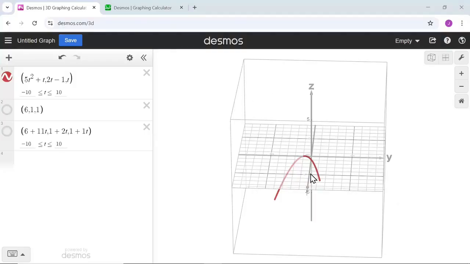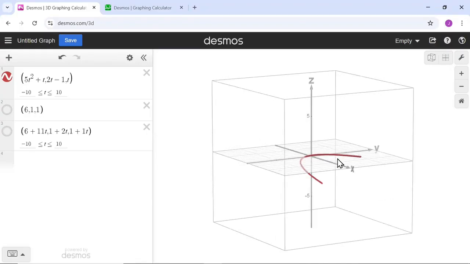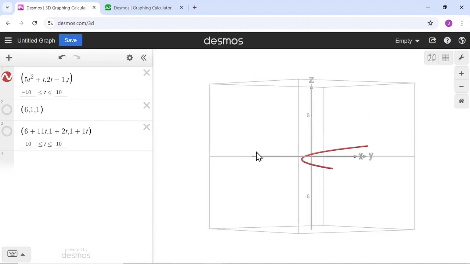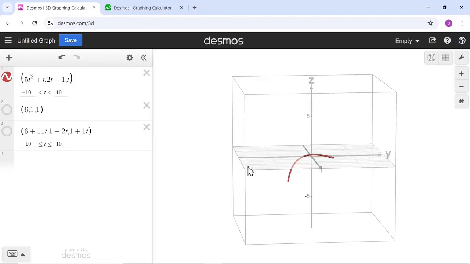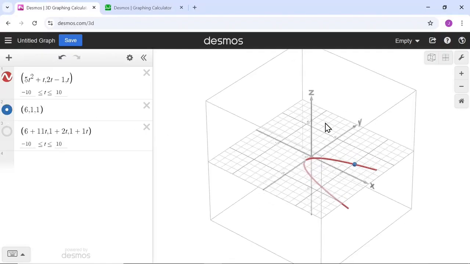All right, so here's our graph of 5t squared plus t, comma, 2t minus 1, comma, t. Notice that that's this smooth curve in 3-dimensional space, which we expected with the vector valued function. Kind of looks like a parabola on its side. Now, if we're talking about the point where t is 1, that gets us to point 6, 1, 1.